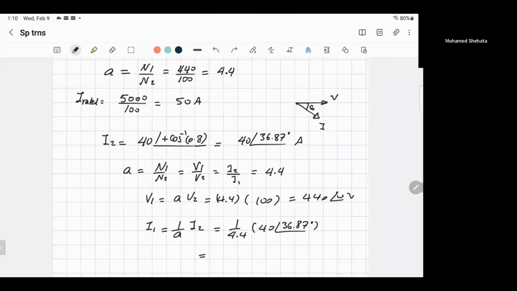Anyway, get the number for this one. It will be less than 10. 9. Okay, at the same angle. All this, of course, is when it's ideal. Okay.